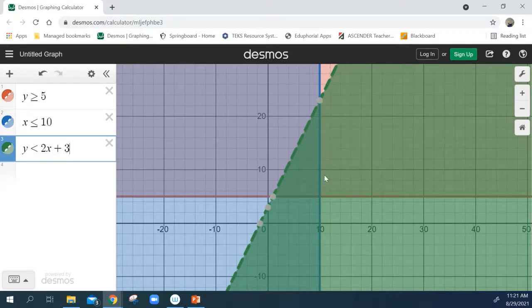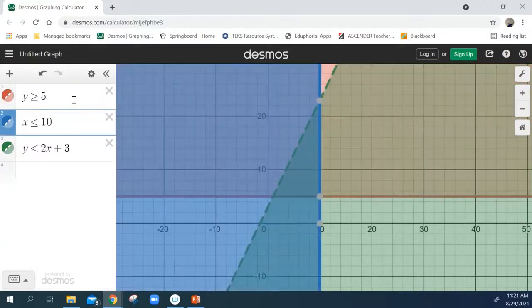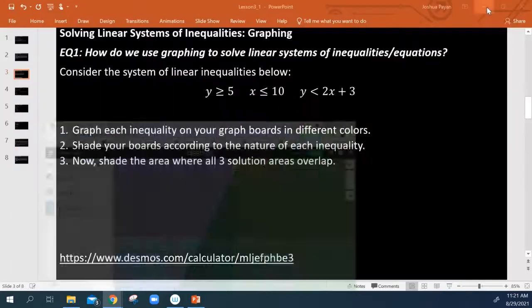And you see a triangle in here, formed where every one of these overlaps. So y greater than or equal to 5, x less than or equal to 10, and y is less than 2x plus 3. All of these overlap in this little triangle here. This is our solution area, okay?